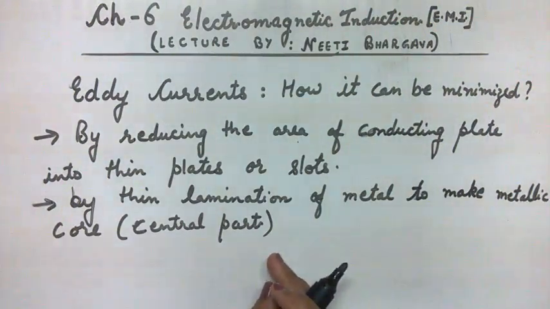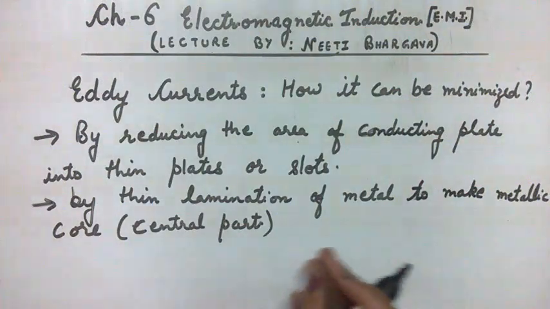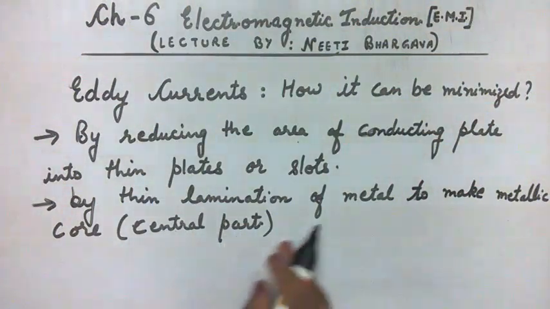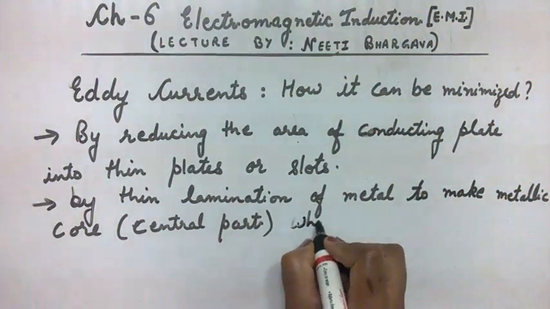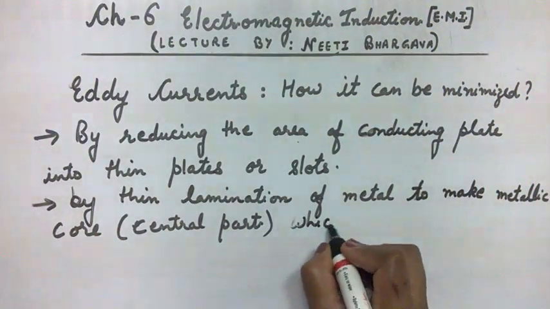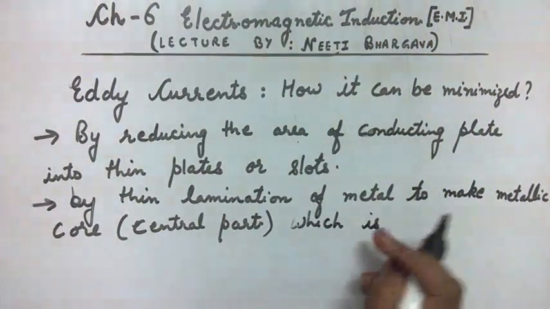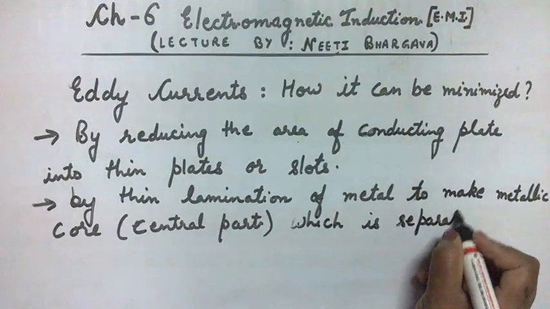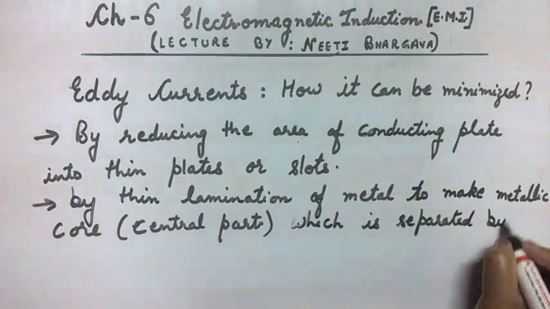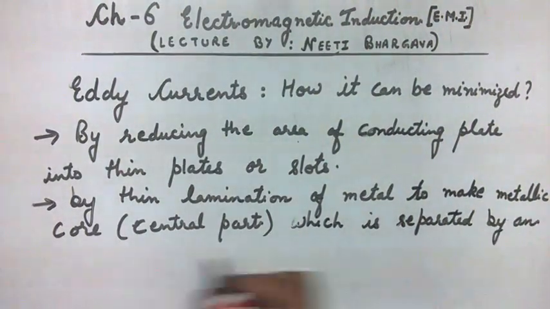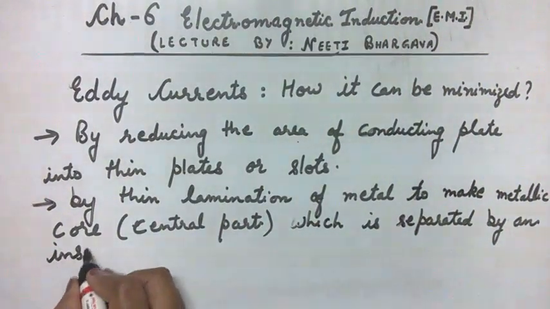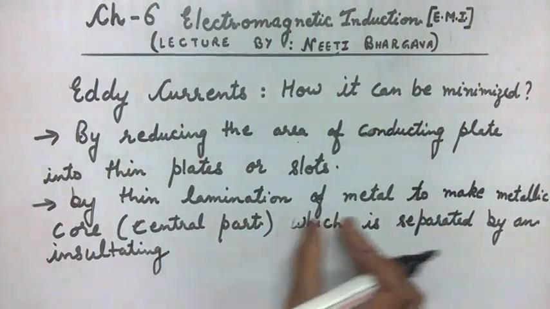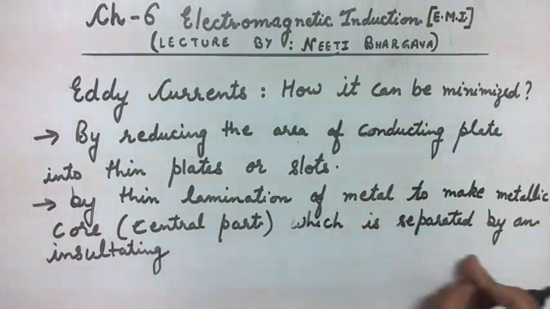We will study in detail about the transformer in our further chapter. And this lamination of metal is separated by an insulating coating. This insulating coating limits the eddy currents into that metal only.